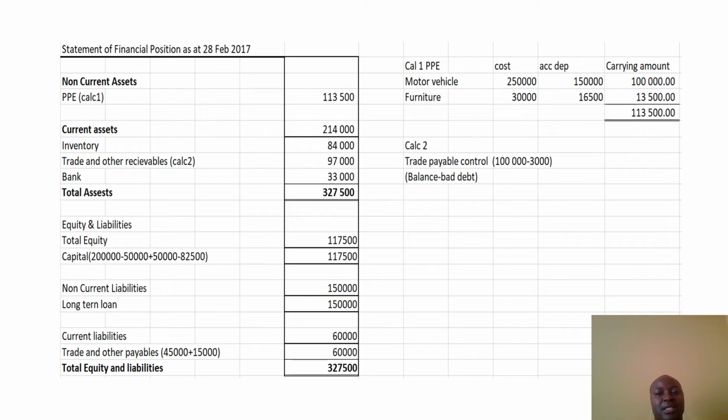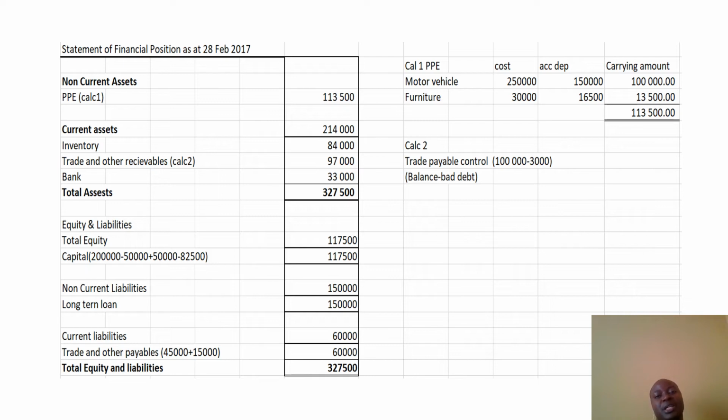We need to deduct that, right? And we deduct that, we get 97,000, and we also have our bank account balance, which is 33,000, right? So from there, your bank account balance, you also add them.